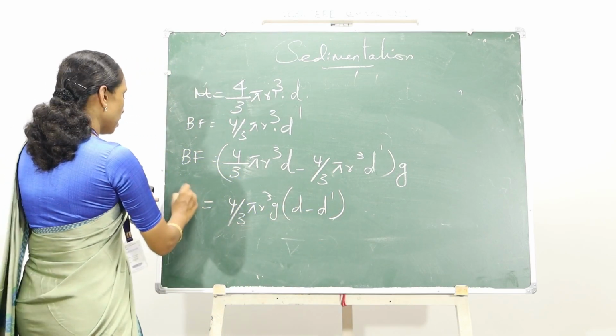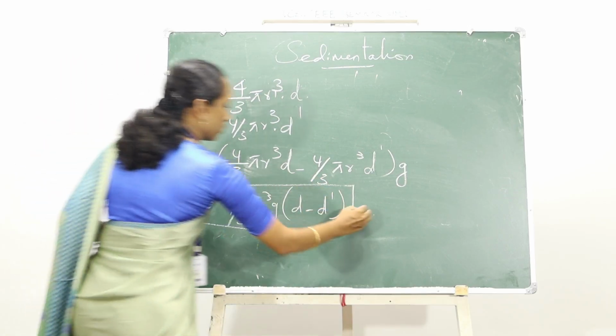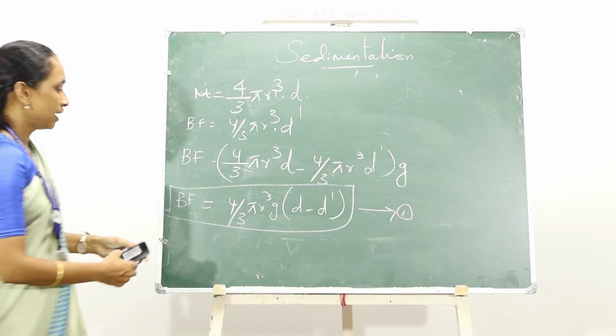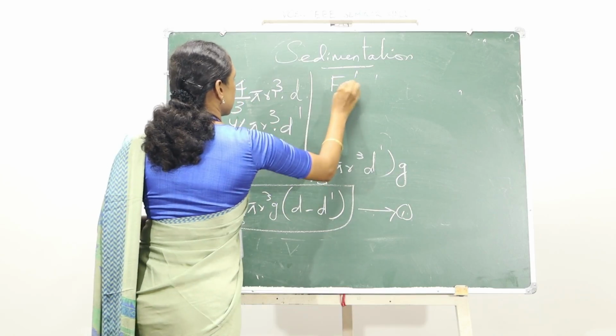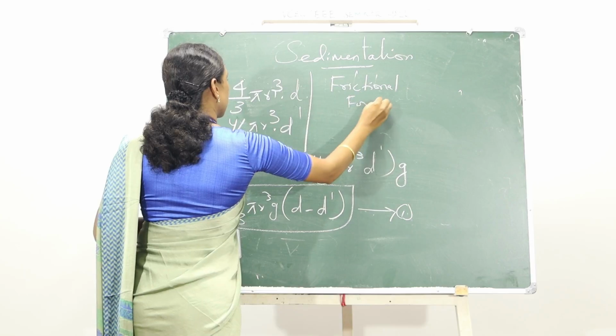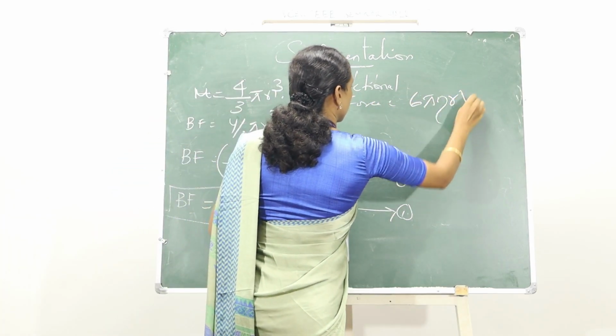So this is the buoyant force, and I can keep it as equation 1. Next is the frictional force. This is written as 6 pi eta, which is a constant, r into v.